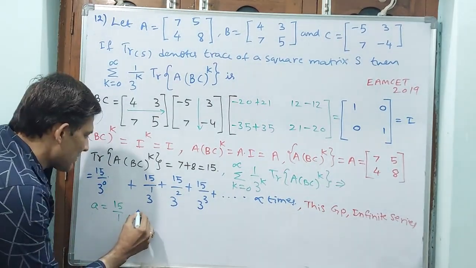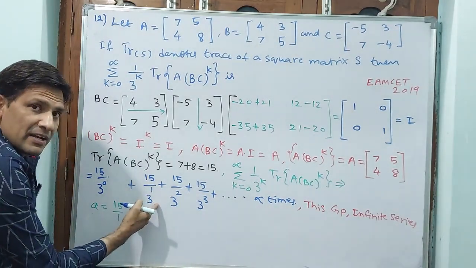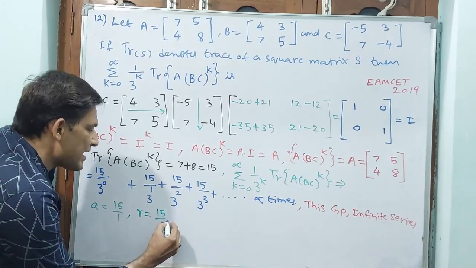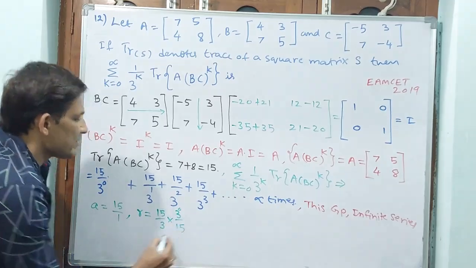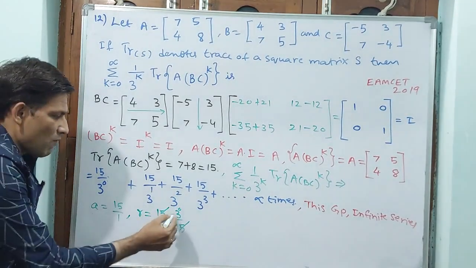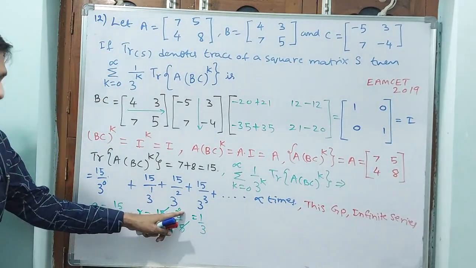Now what will be R? Second term divided by first term. That means 15 by 3 divided by 15, that is 15 by 3 into 3 power 0 by 15. 15, 15 cancel out, so 1 by 3 will be your R, since 3 power 0 is 1.